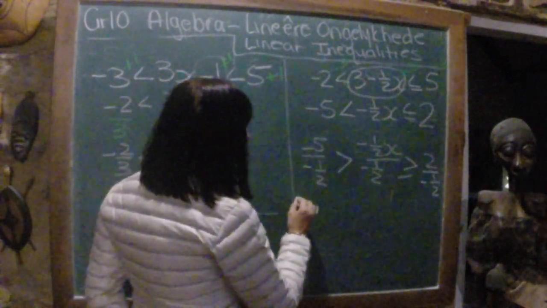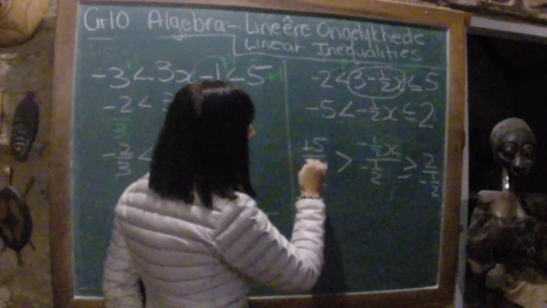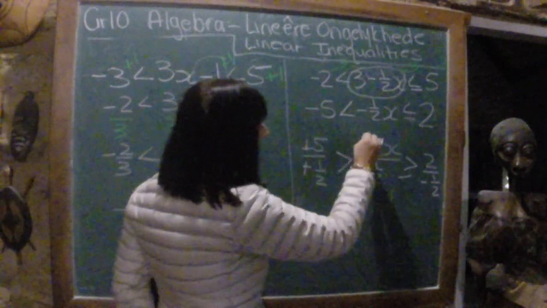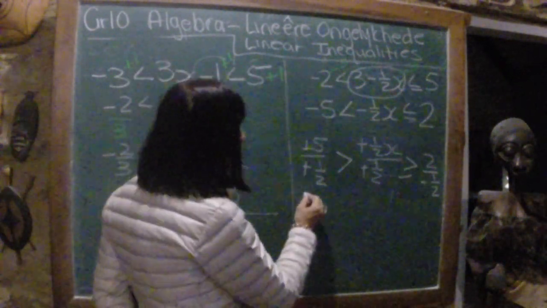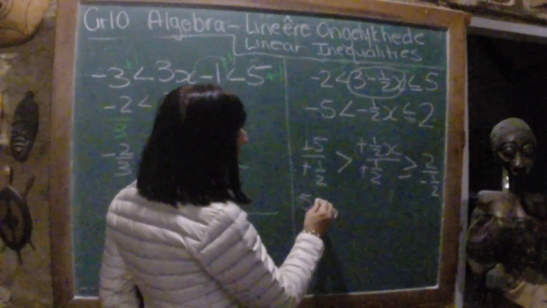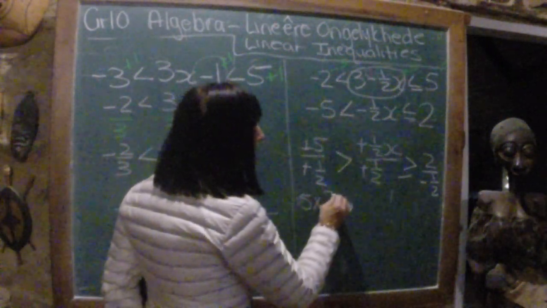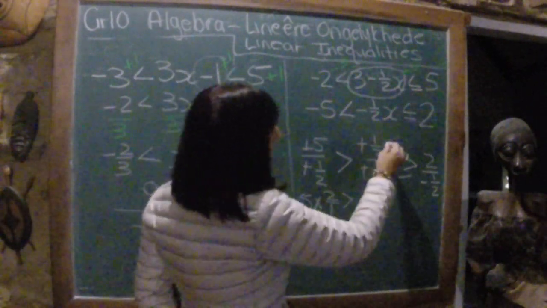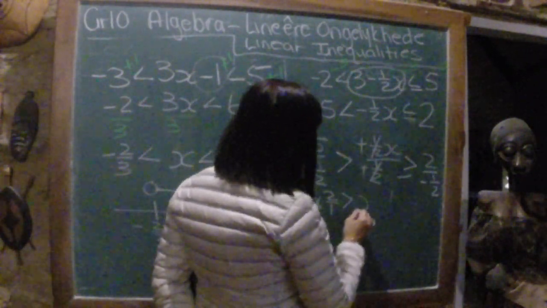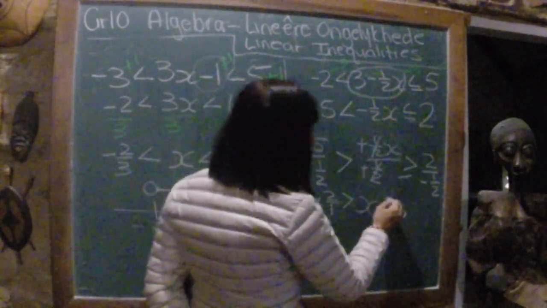Now, a minus divided by a minus cancels, and that stays a minus. So I've got 5 divided by a half, I multiply with the reciprocal. The halves cancel, x alone in the middle now.